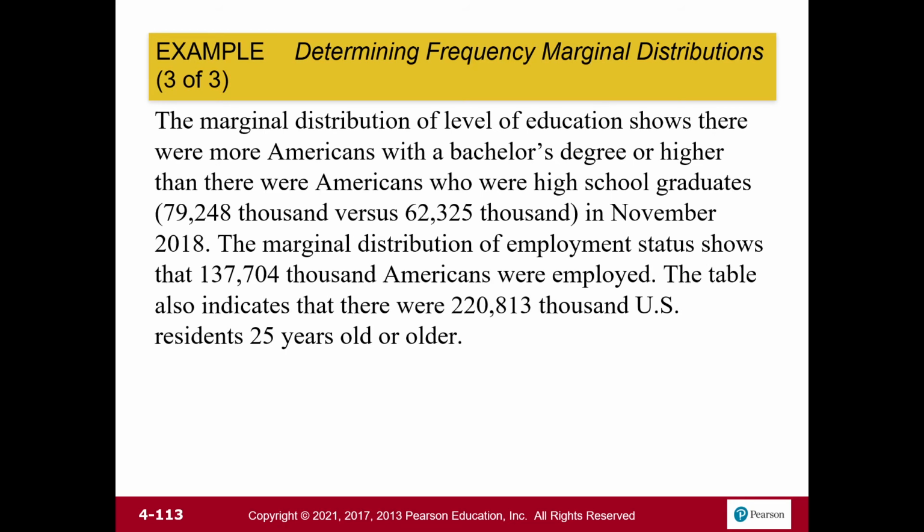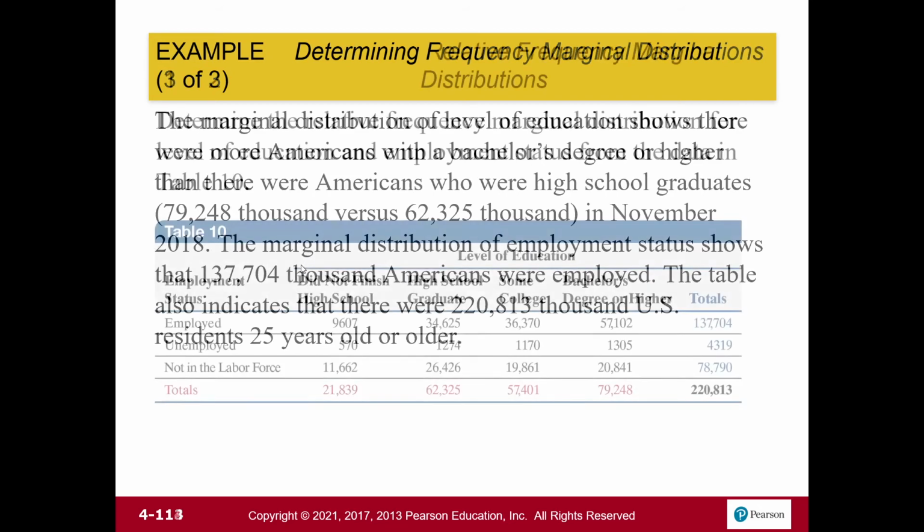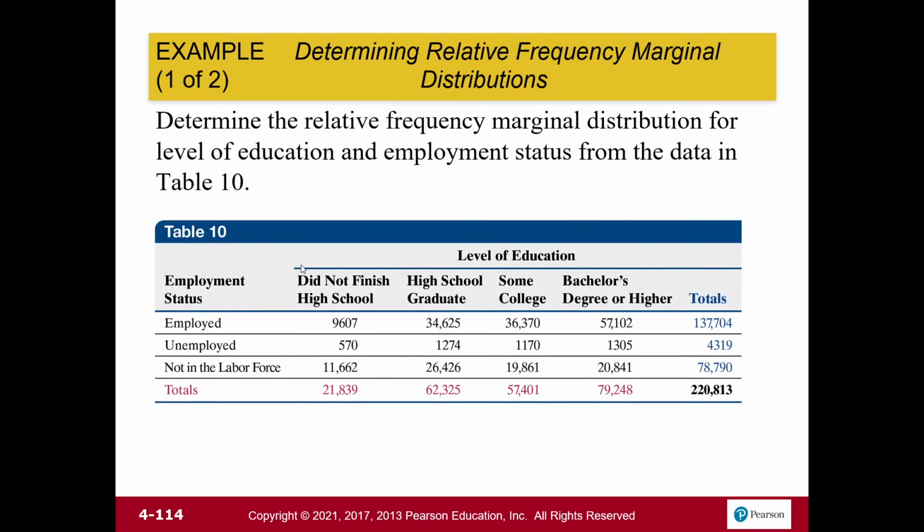When you compare the different numbers in each column, you'll see that the marginal distribution of level of education shows that there were more Americans with a bachelor's degree or higher than there were Americans who were high school graduates. Now it asks us to determine the relative frequency marginal distribution for the levels of education and employment status.